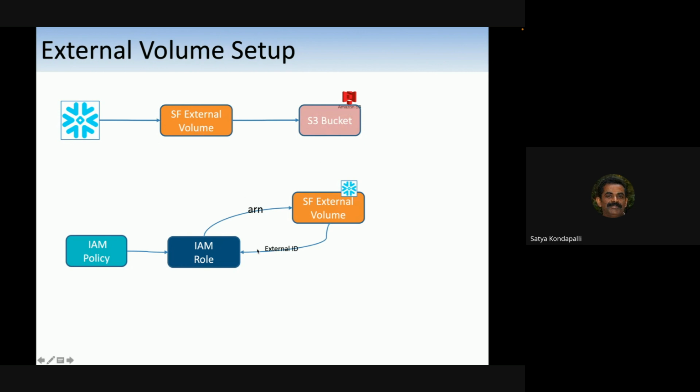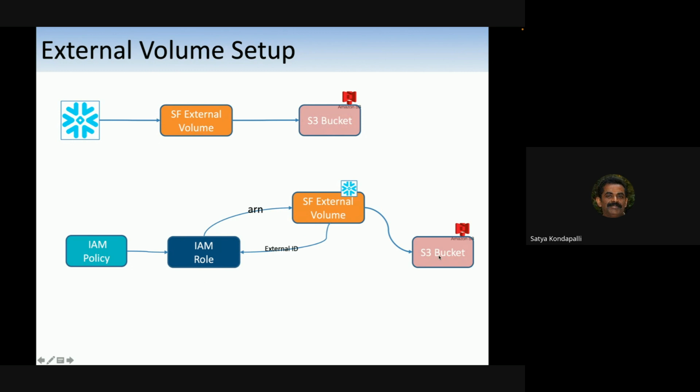I went through it step by step in part one, and I will update it anyhow. So this is how you are connected to the S3 bucket. This is the AWS account and this is the Snowflake account. Then you make a connection through your role. Of course, this role belongs to you. You cannot connect to a bucket without a role, because the role says you have access to this bucket.